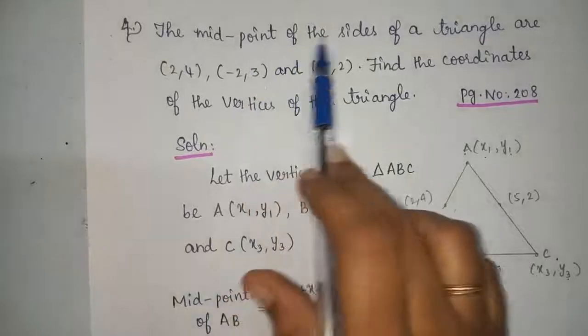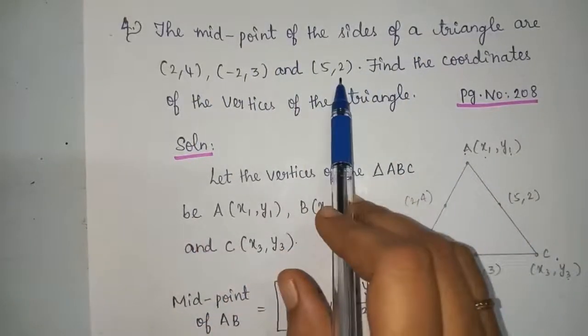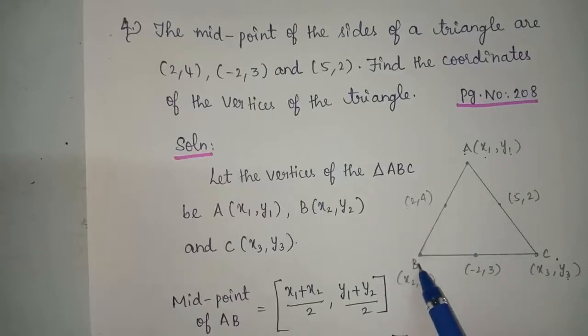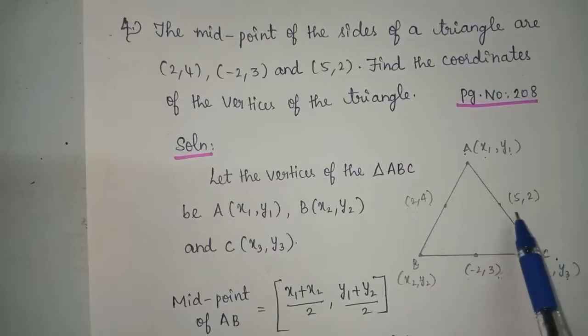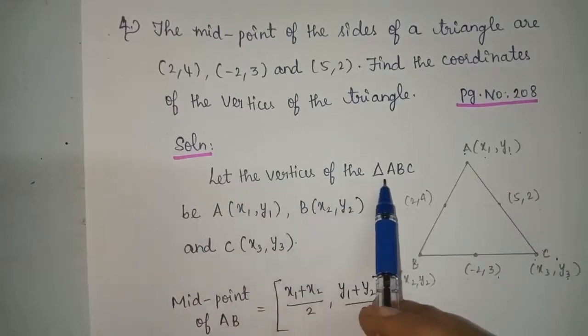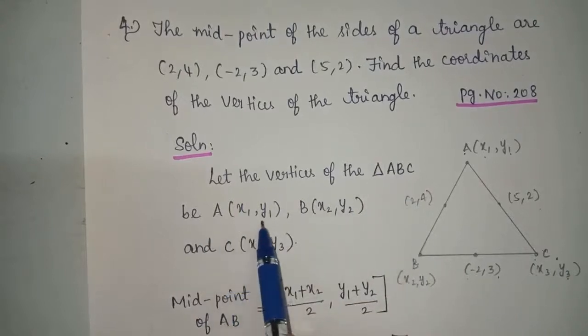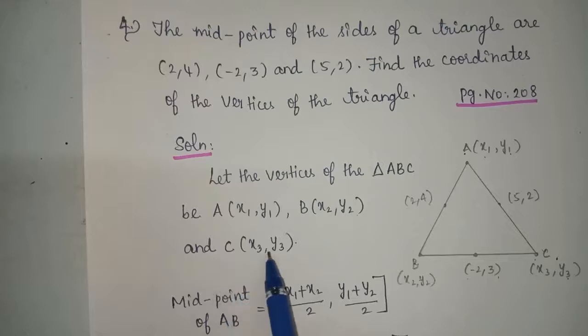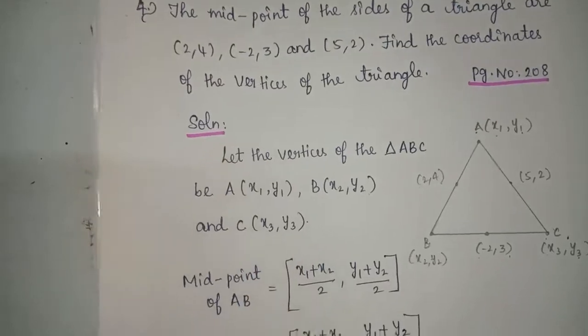But the midpoint of the sides of a triangle is given. So the midpoint of AB is 2, 4 and midpoint of BC is minus 2, 3 and midpoint of AC is 5, 2. So solution, let the vertices of the triangle ABC be A of x1, y1, B of x2, y2 and C of x3, y3.